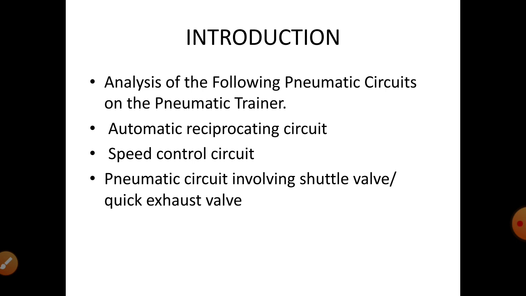So first of all we see the introduction: analysis of the following pneumatic circuits on the pneumatic trainer. In this experiment we can analyze different types of pneumatic circuits on a pneumatic trainer.